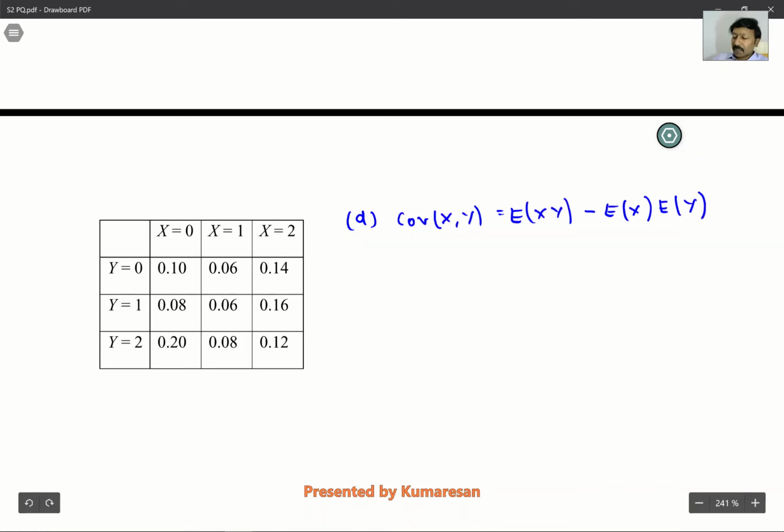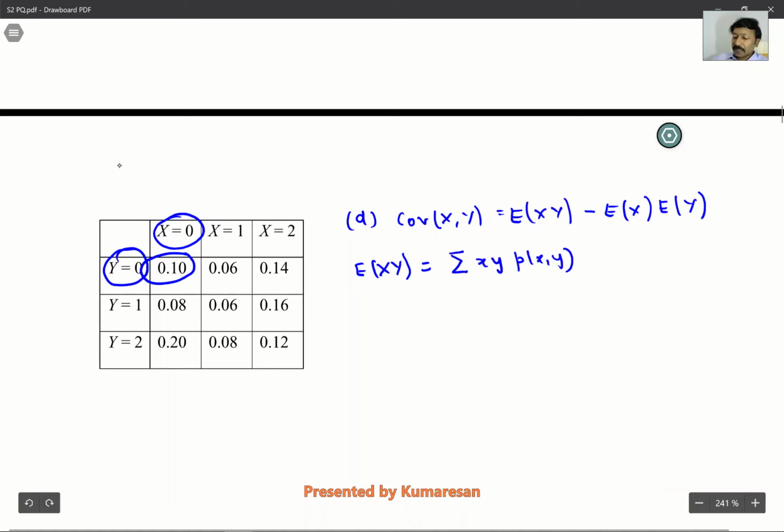Now we need to find the expected value of xy. So E of xy is, for each combination of x and y, the value of x times the value of y times the joint probability p of xy.